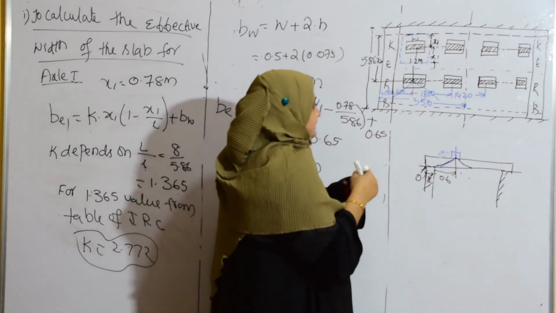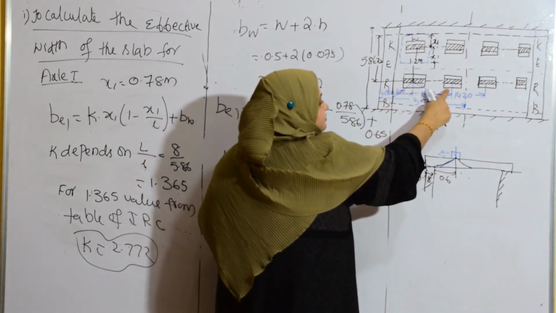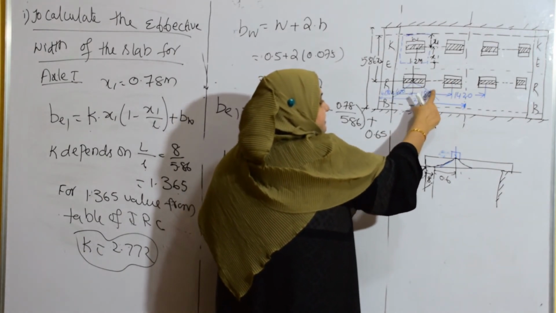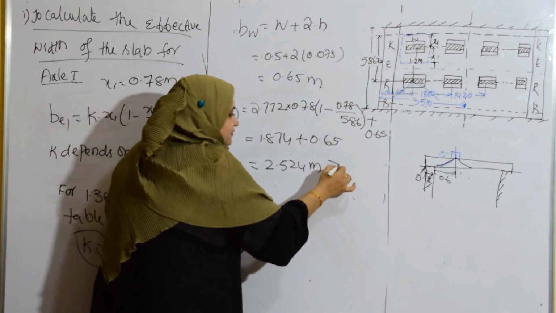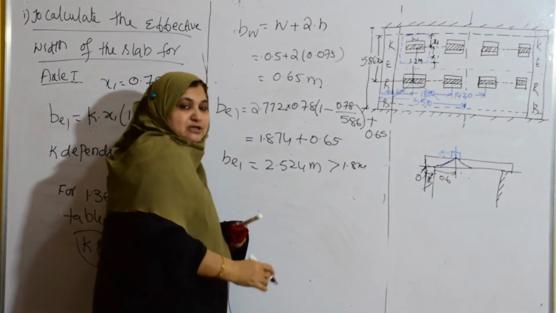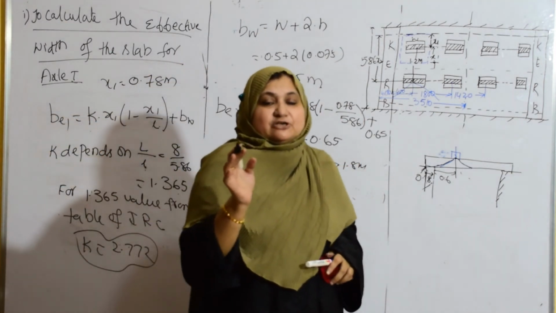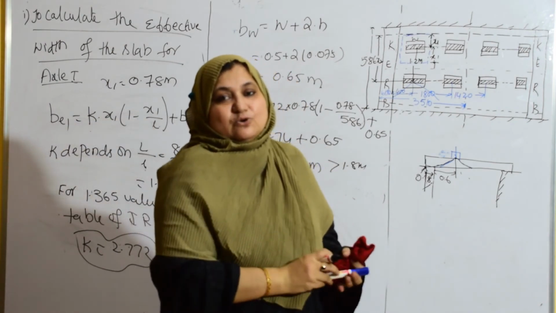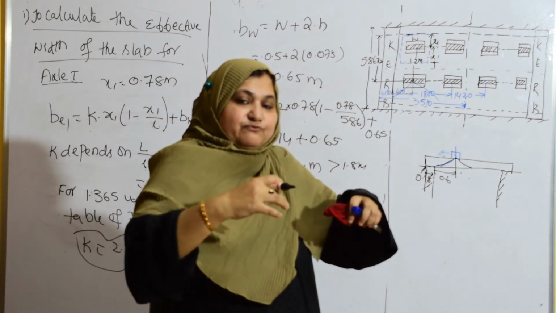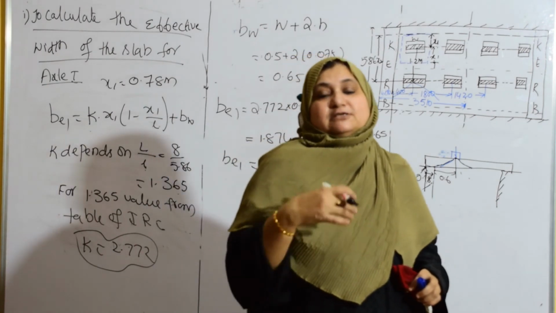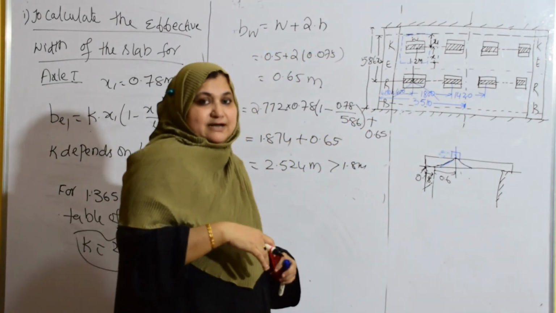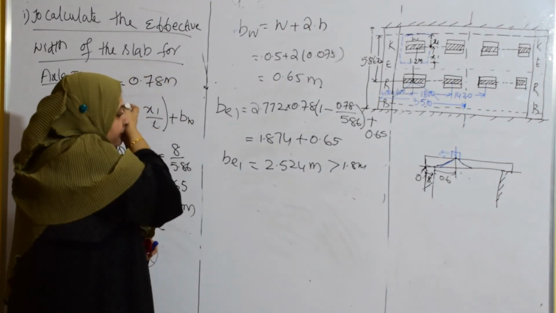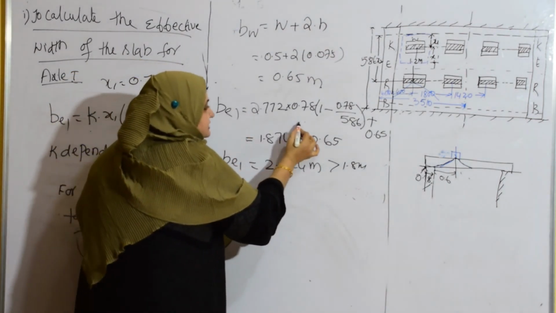2.52 meter. Once again, the two wheels' effective lengths will overlap. This is more than 1.8 meters because two wheels are at a separation of 1.8 meters. So one wheel's effective width will superimpose on the dispersion of the other wheel. So in that case, we will not change this. This remains the same.